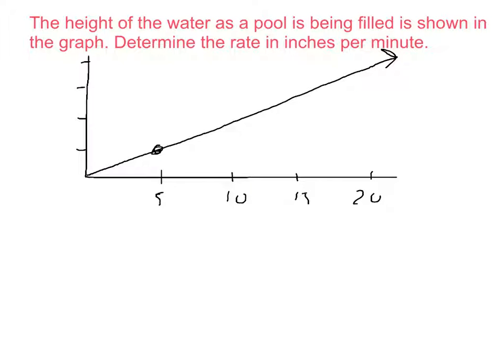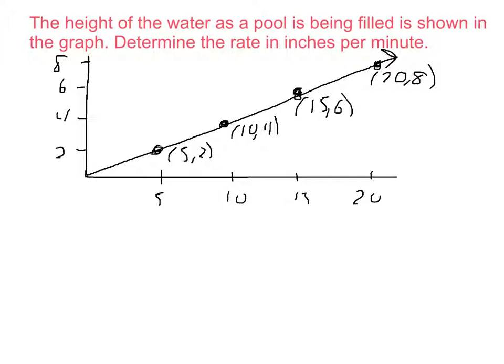This should be 2, 4, 6, and 8. So this is going to be the point 5, 2. And then we're going to have the point 10, 4. Is that okay?